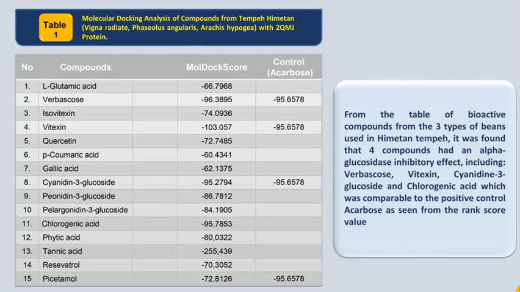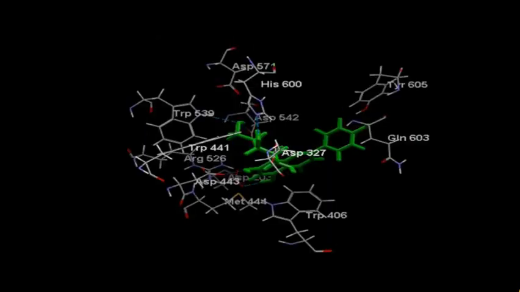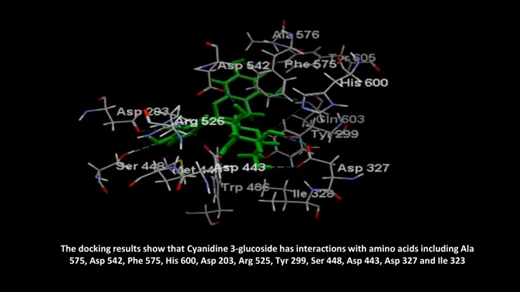It was found that 4 compounds had an alpha-glucosidase inhibitory effect, namely verbascose, vitexin, cyanidin triglycoside, and chlorogenic acid. This is the result show that verbascose has interaction with amino acid. This is the result show that vitexin has interaction with amino acid.